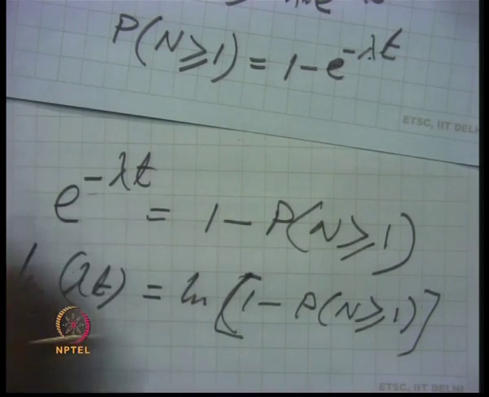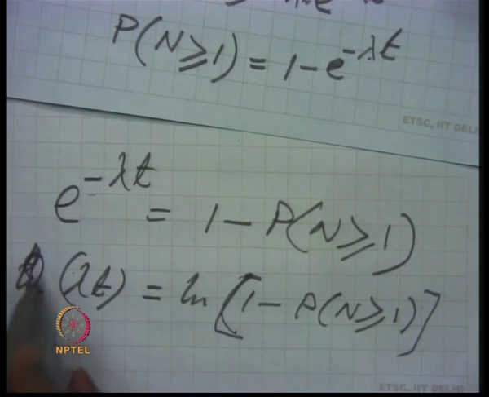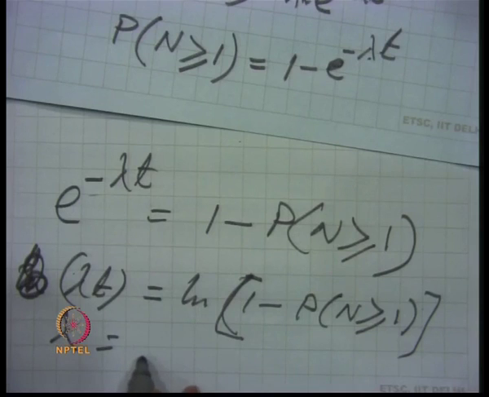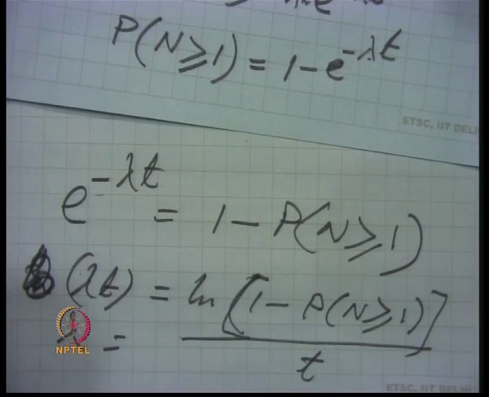Here we ignore the sign because a negative value for the occurrence rate really does not make any meaning. So, this ln will be equal to lambda t. From there we can get the value of lambda equal to this divided by t. So, that is what has been used here.